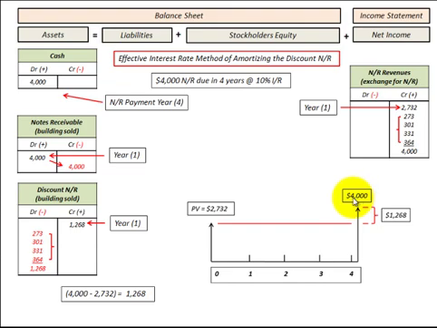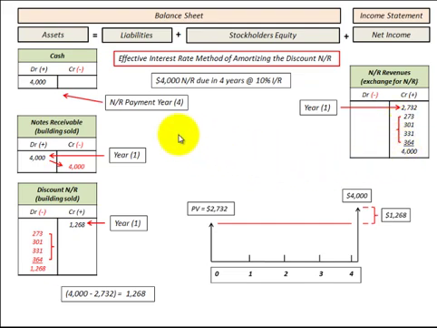In summary, we received our $4,000 payment at the end of the 4th year. We discounted that back to its present value at the beginning of the 1st year, and then we subtracted the two, and we come out with the interest revenue that we'd earn on the notes receivable, and then we allocated that to our notes receivable revenues for each year.